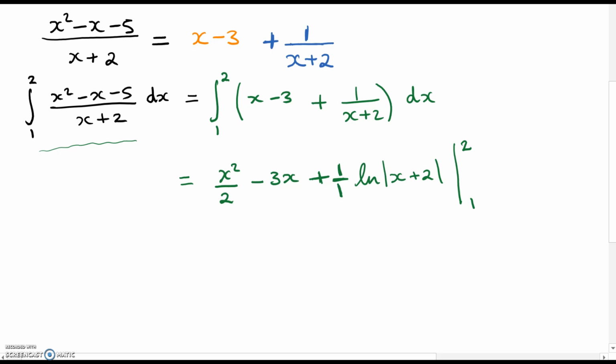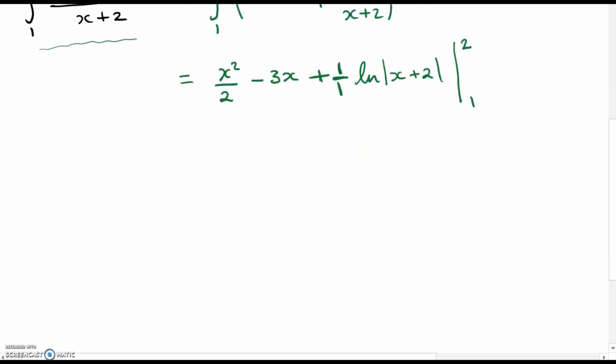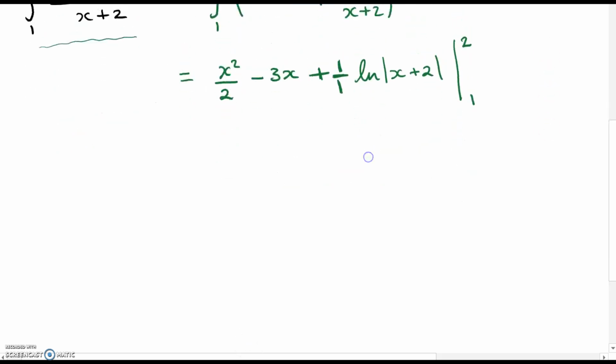Okay, so let's now start filling this in. Let's put in the top limit. If we put in the top limit, we're going to get 2 squared over 2 minus 3 times 2 plus, let's drop the 1 now, plus the log of 2 plus 2.